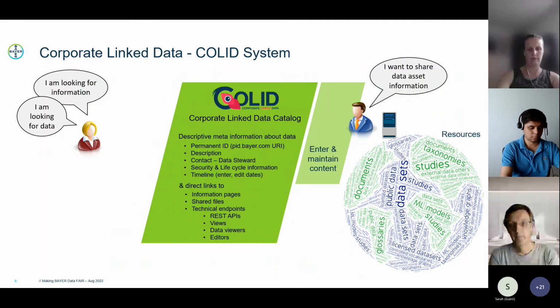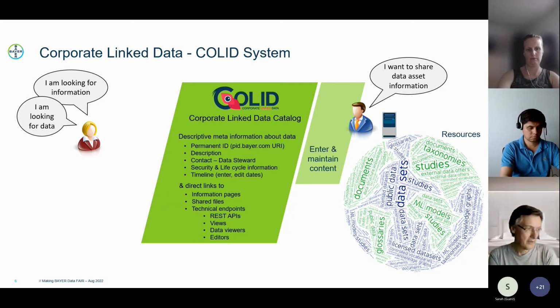Because, again, according to fairness, you need to use the wording of your interest group, and that's different. So people want to search for their items with different metadata. We always have a basic set of metadata that's common to all of these assets. The other thing that we need is to provide the ability to directly link to the data and more information, and for that we have what we call distribution endpoints.